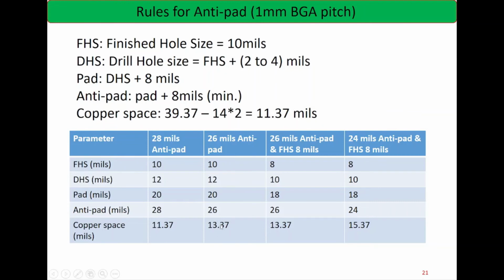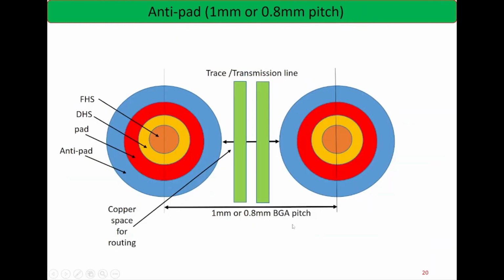So accordingly, you need to design and check whether your design is meeting the manufacturing requirement. Based on this calculation, if both BGA regions have this anti-pad, you need to check whether the transmission line is good enough to pass or not.